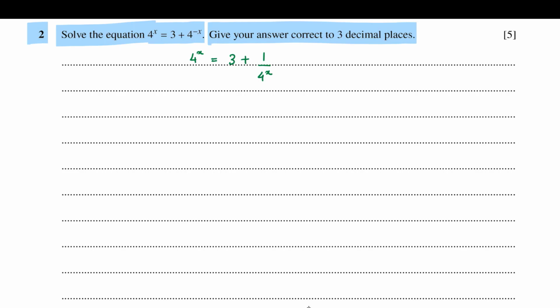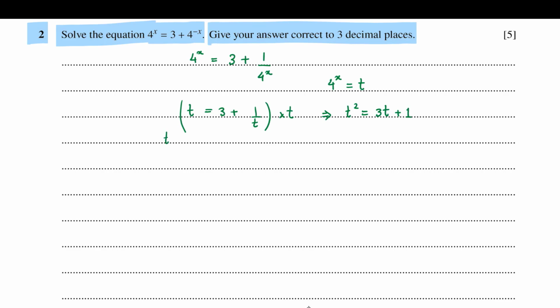So if we replace 4 to the power x by, let's say, t, we get t = 3 + 1/t, and now we can simply multiply by t on both sides so that we can remove the t in the denominator, and we get t square = 3t + 1.